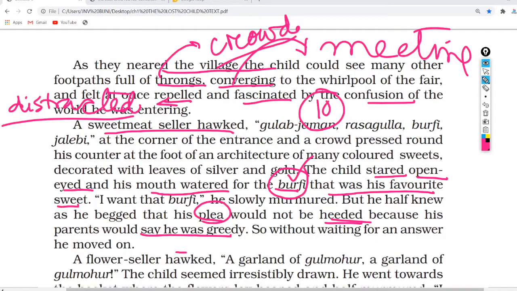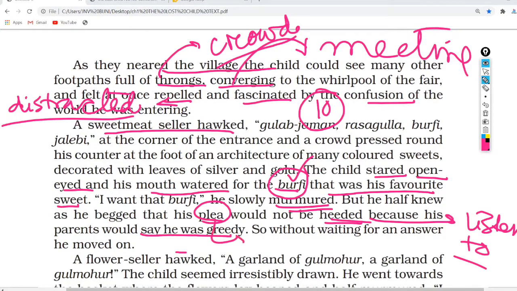And he slowly murmured. Murmur means telling in a very low sound. He was not telling very loudly, as he begged that his plea would not be heeded. Heeded means listened to, giving attention to.